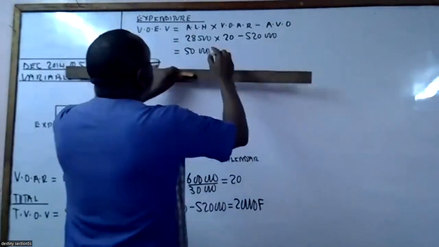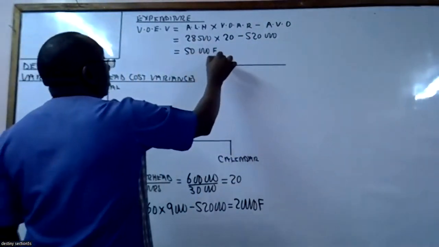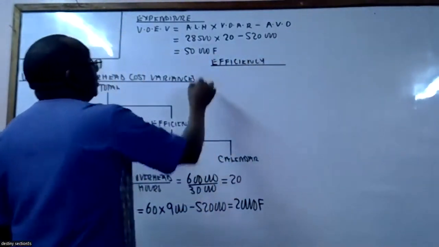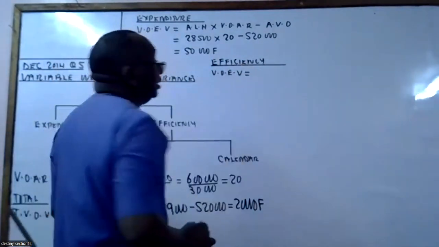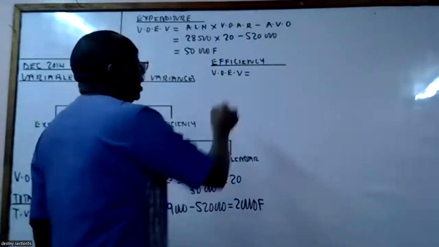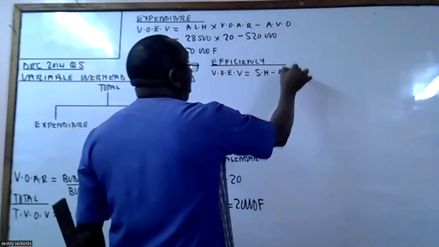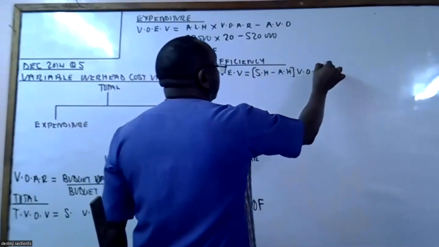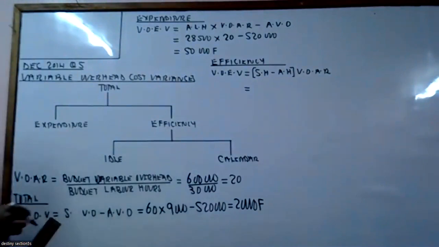From there, we proceed to compute the efficiency. The variable overheads efficiency variance is standard hours minus actual hours, multiplied by the variable overhead absorption rate.